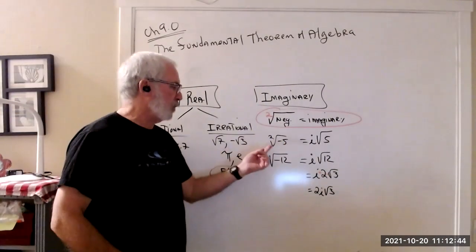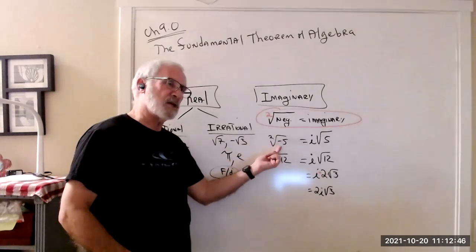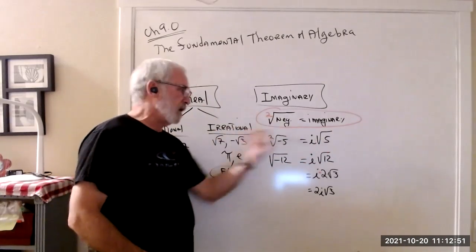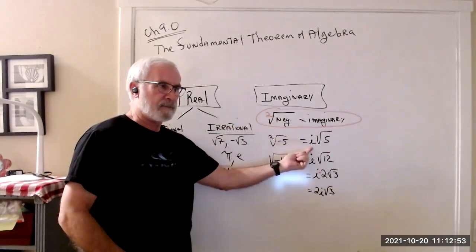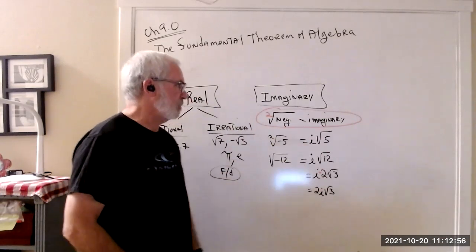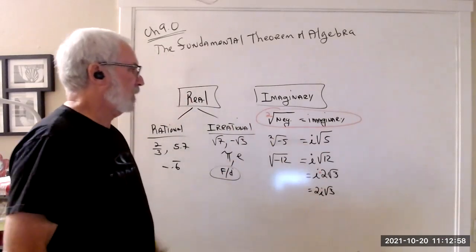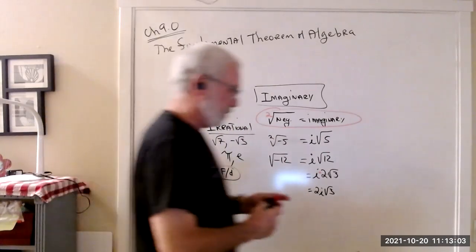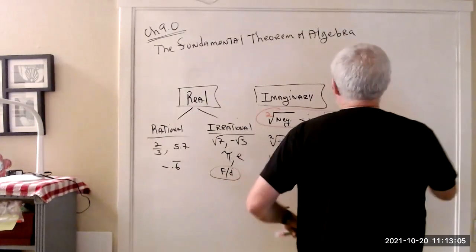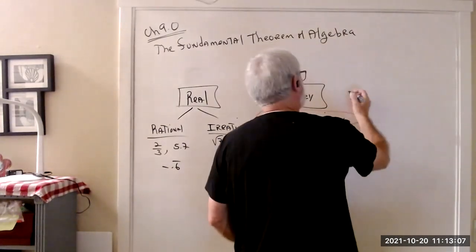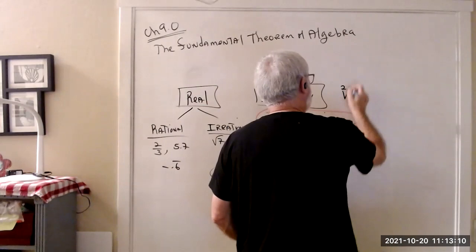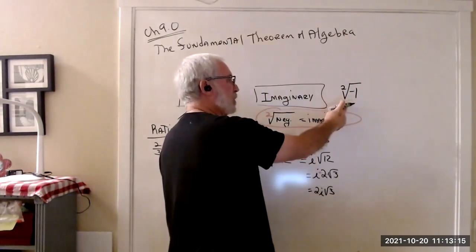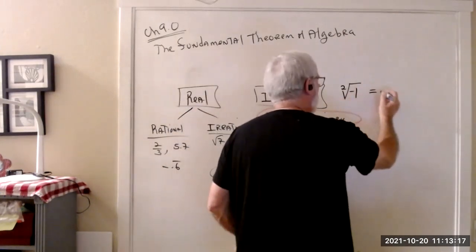So the rule is the minute you see a negative sign inside of a square root, you take the negative out and call it an i, and then you deal with the rest of the square root. Now there is a definition that we work with. Mathematicians say the square root of -1 is worth i.